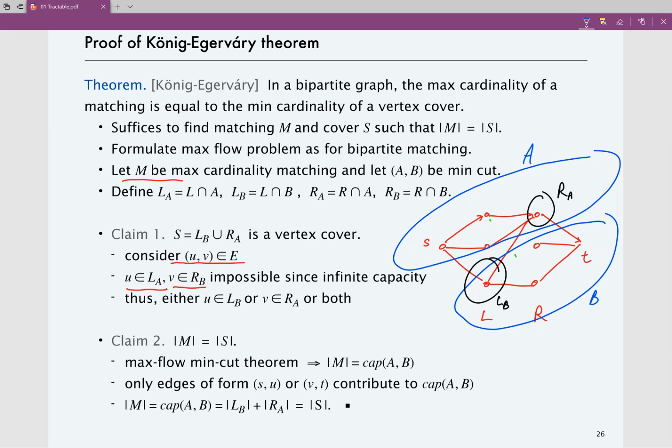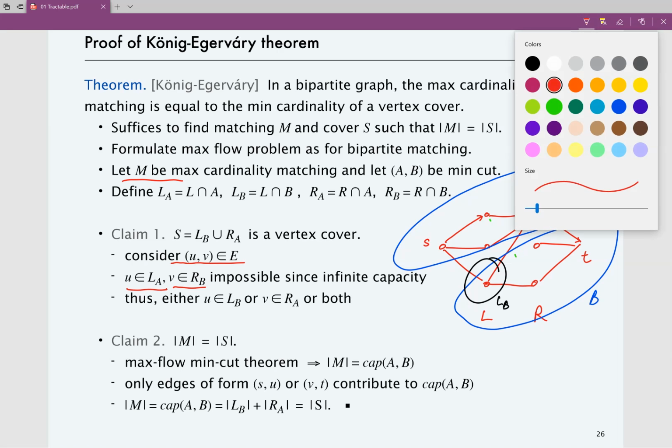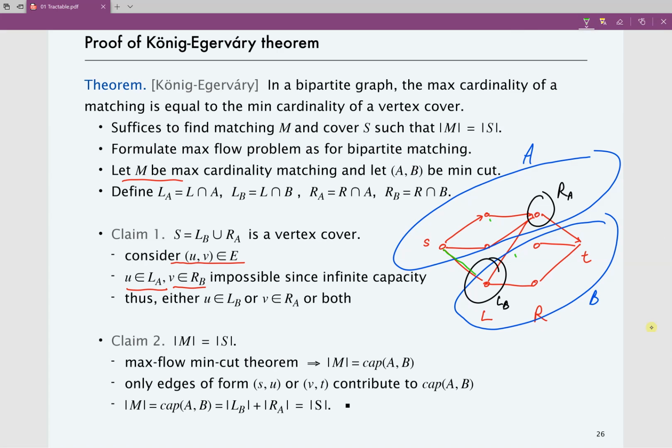Okay, so we know that M is equal to this capacity, but you see that the only edges which contribute to the capacity are these edges that go from S to the left-hand side, right? So for example, if you look at this edge, this is going from the A side to the B side. So this contributes to the capacity.